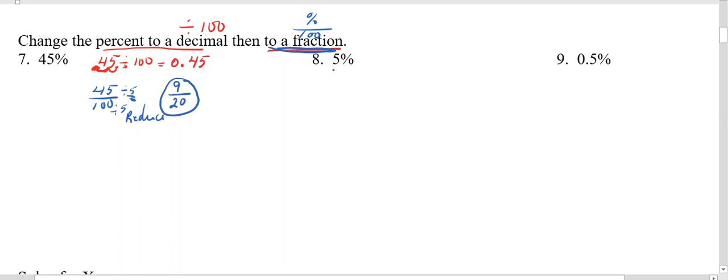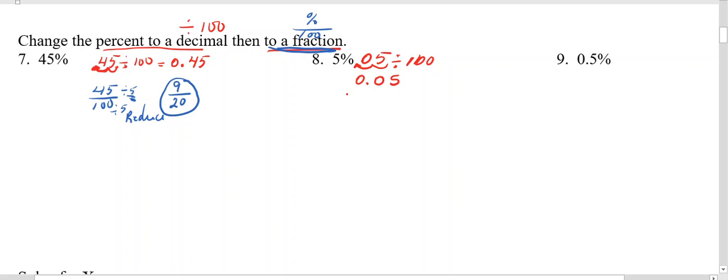All right, let's look at number 8. I have 5%. Again, I take my 5%, drop the percent sign, take 5, divide it by 100, and move my decimal to the left. This time I have to add a 0, so I get 0.05. So 5% is 0.05 or 5 hundredths.